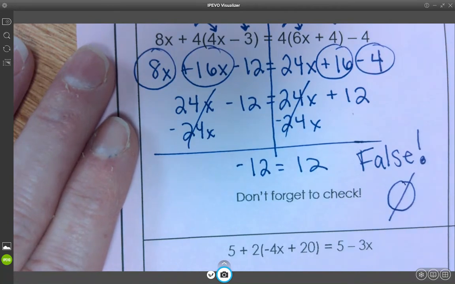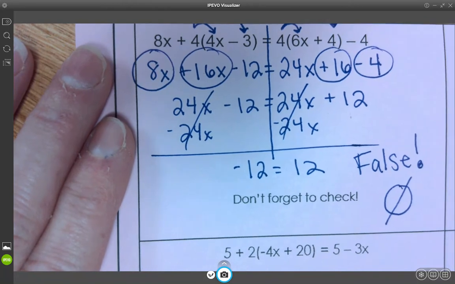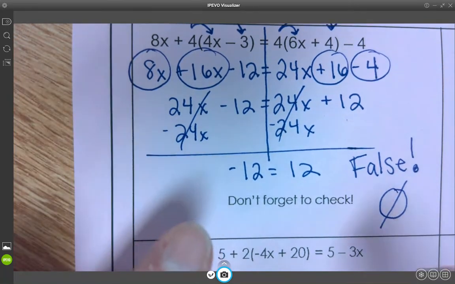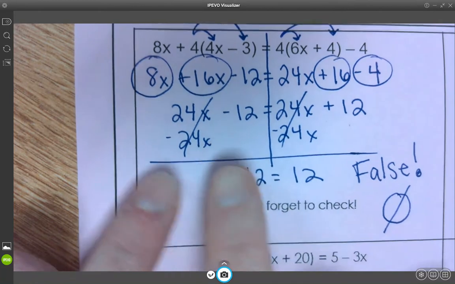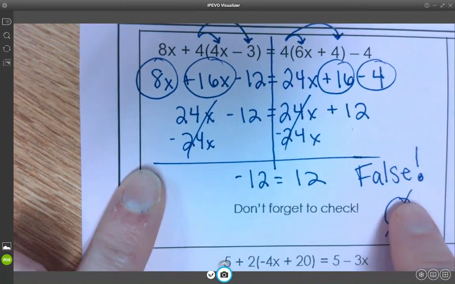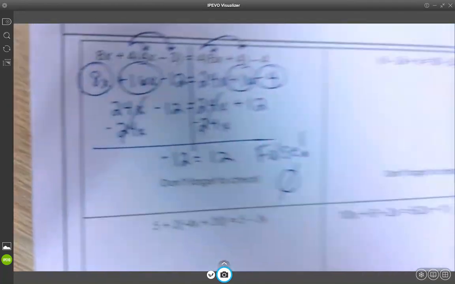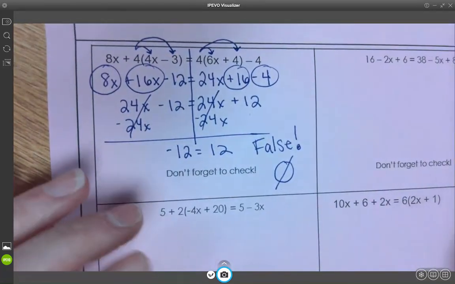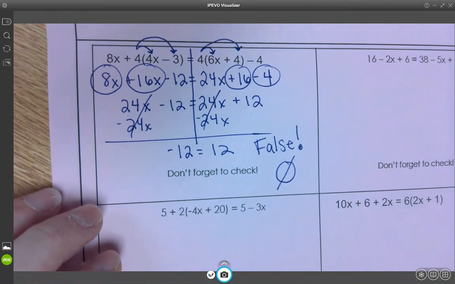Which means no solution. To check this, you would just plug in any number. I'm not going to require you to check these. I'm not quite sure how to check them, actually.